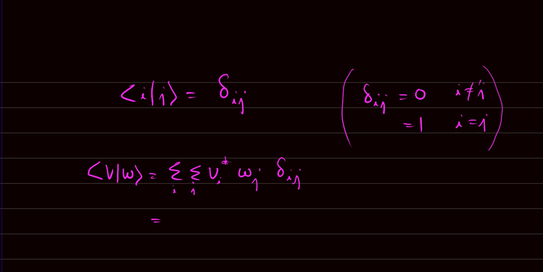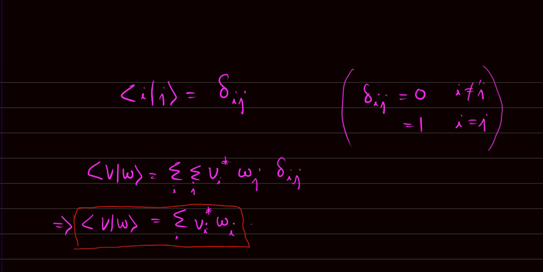So we can write them in short like this. This is the formula we are looking for: the definition of inner product, or how to calculate inner product in a generalized vector space.